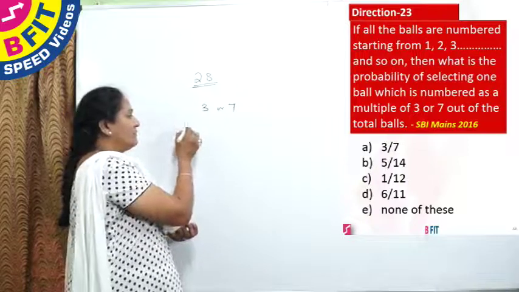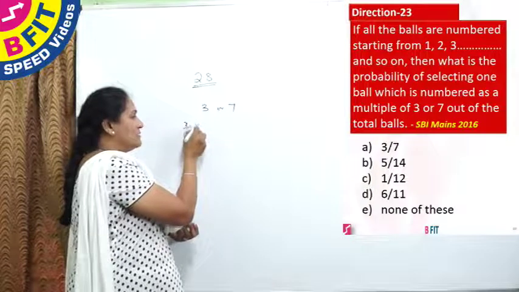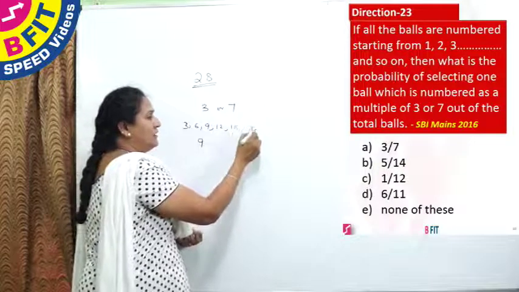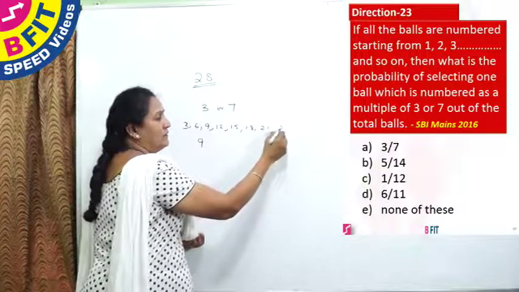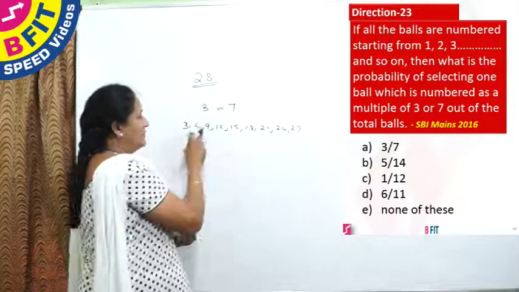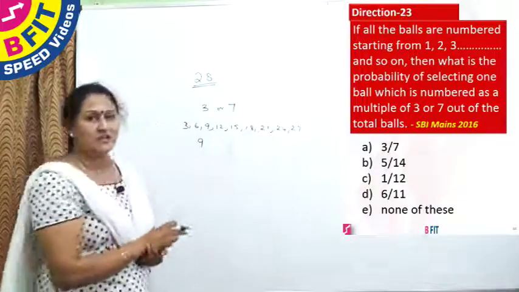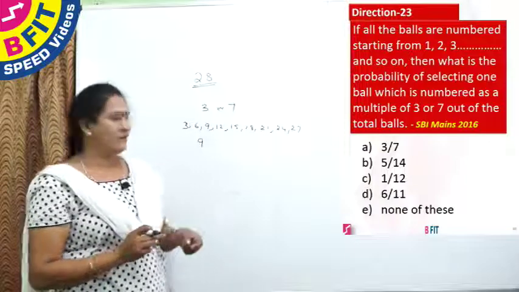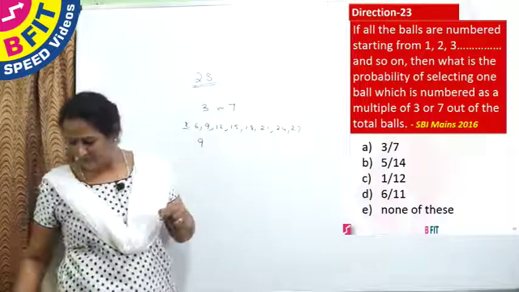That is 3, 6, 9, 12, 15, 18, 21, 24, 27. So 9 balls are multiples of 3, the numbers on the balls, 9 balls out of 28.